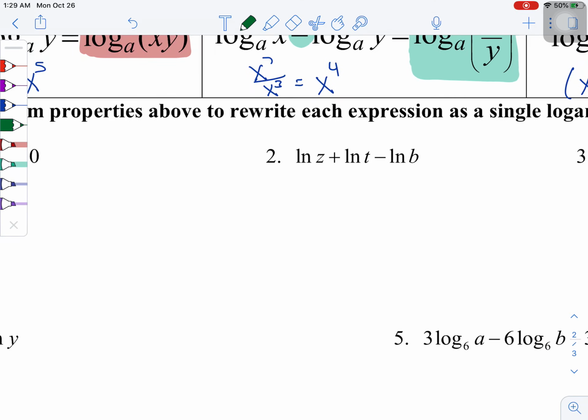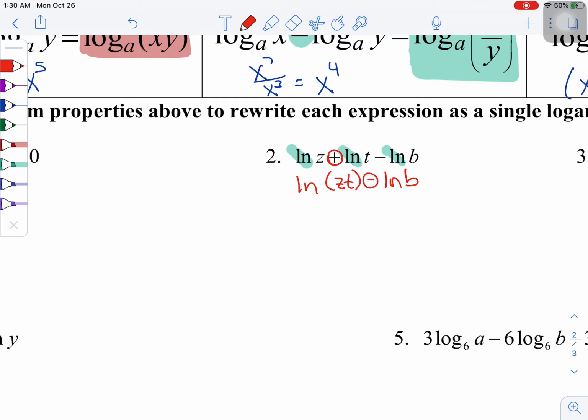All right. Now, problem number 2, I have 3 logarithms. However, each one in this case is natural log, natural log, and natural log. I have addition, so that means I'm going to take the first 2 logarithms and rewrite those with a single argument of zt, and then I'm subtracting the natural log of b.